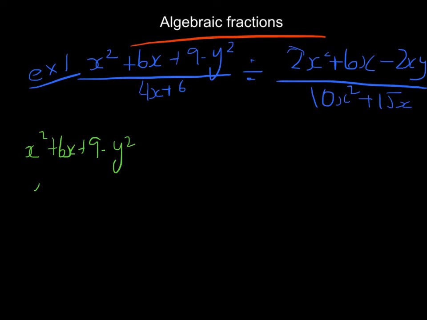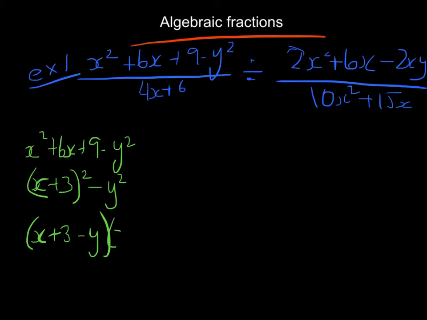So I've got x plus 3 all squared minus y squared. Difference of 2 squares. So I've got x plus 3 minus y, x plus 3 plus y. And I've done that one there.